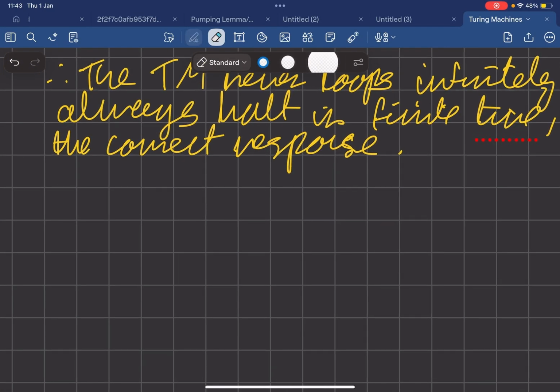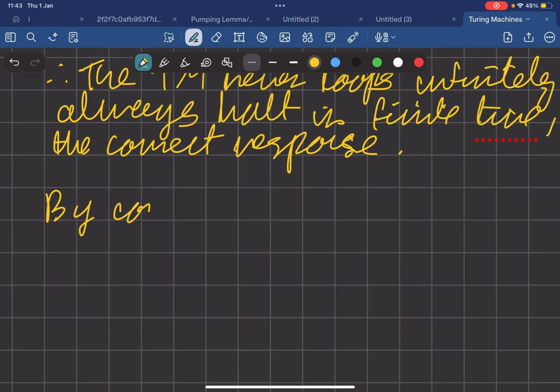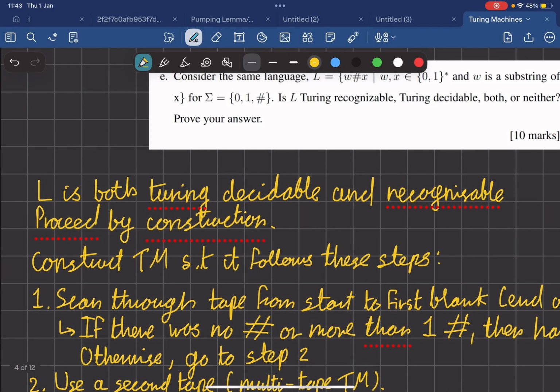So because of this, by construction, which is our proof method, as you can see over here, proceed by construction.